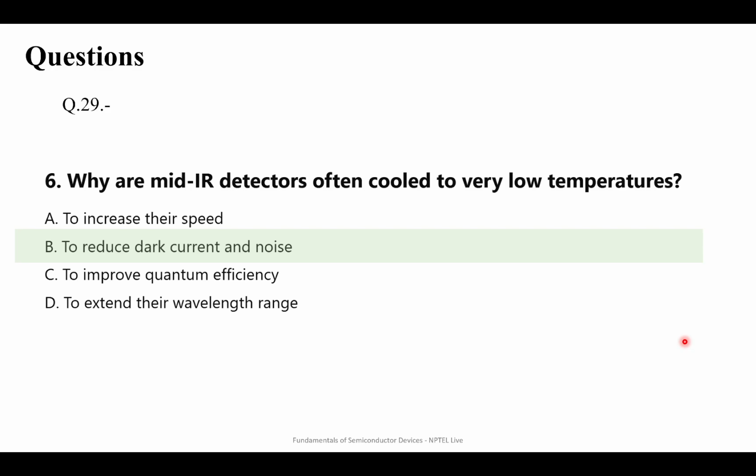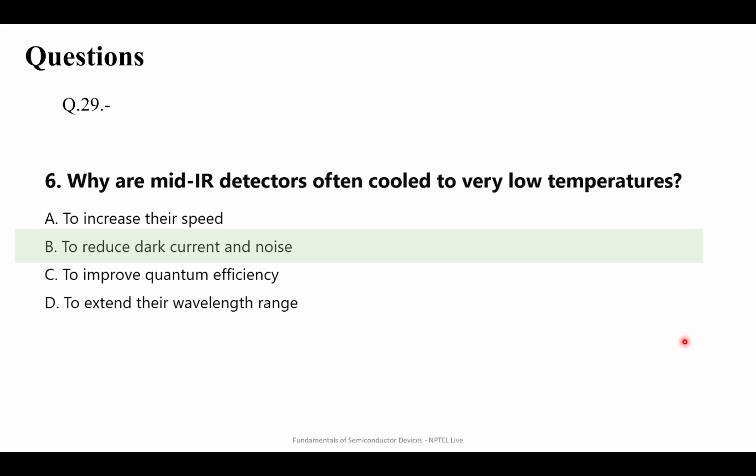So you know the heat radiation in the environment is in the IR region, right? Yes, sir. So for a mid IR detector, because of all the heat radiation around, the dark current will be much higher, and the noise will also be much higher.